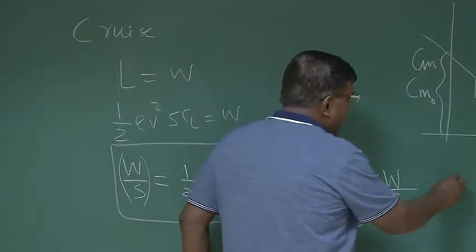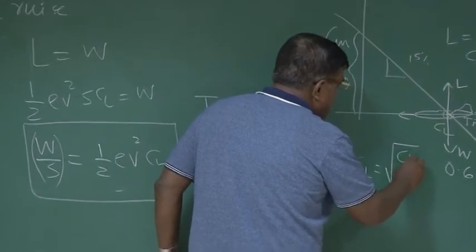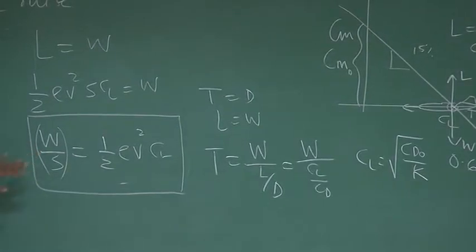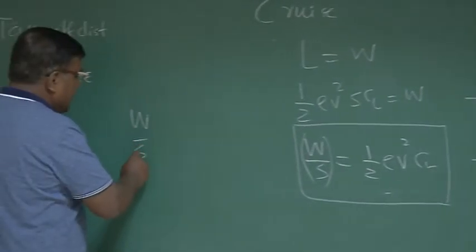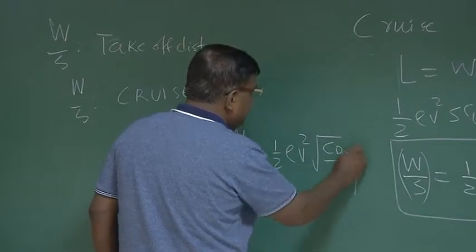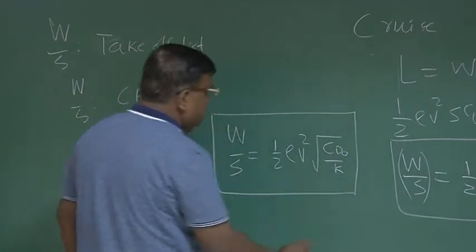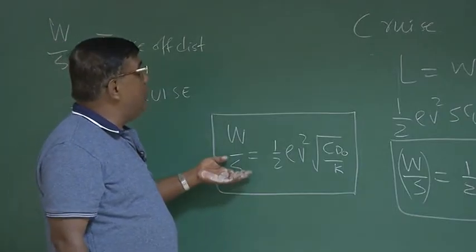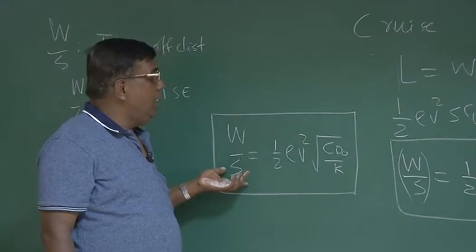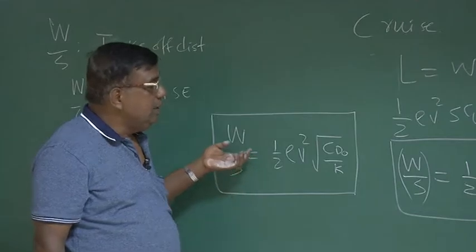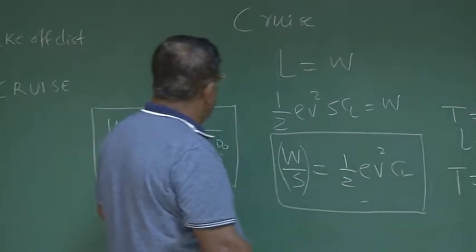This means I have to fly at CL equal to under root CD naught by K. So now this expression becomes W by S equal to half rho V square times under root CD naught by K. So this is another requirement, that aircraft must have this much of wing loading so that it can manage lift equal to weight, as well as it will fly at thrust required minimum.